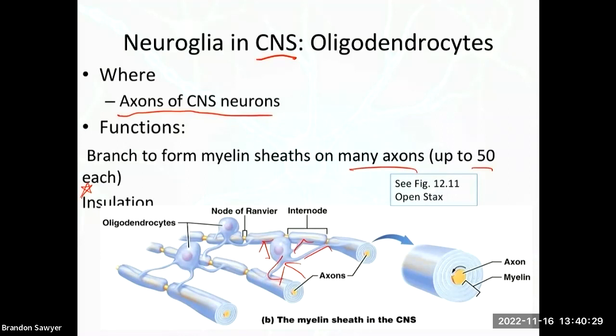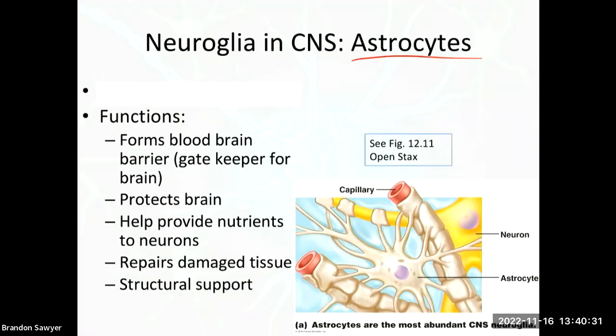Okay, next one in the CNS is called astrocytes. Astrocytes are the most abundant glial cell in the nervous system, so we have lots and lots of these. Their main role is to wrap around capillaries in the central nervous system. The little extensions are called feet, and their feet kind of grab onto the capillaries and wrap completely around them. They form a nice seal around the capillaries, and so their primary job is to help form the blood-brain barrier.